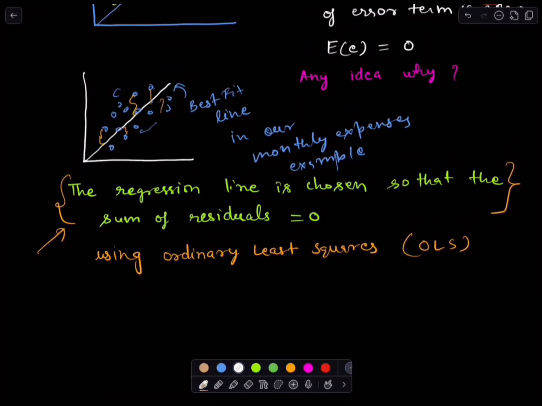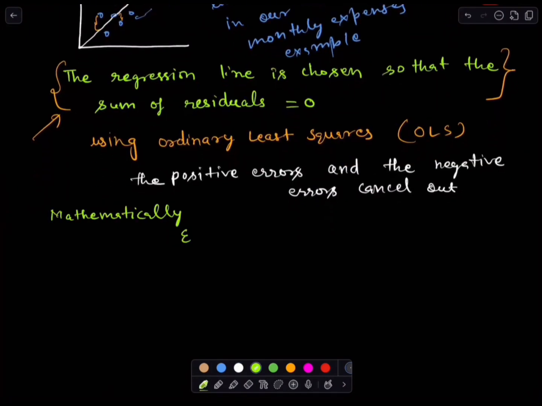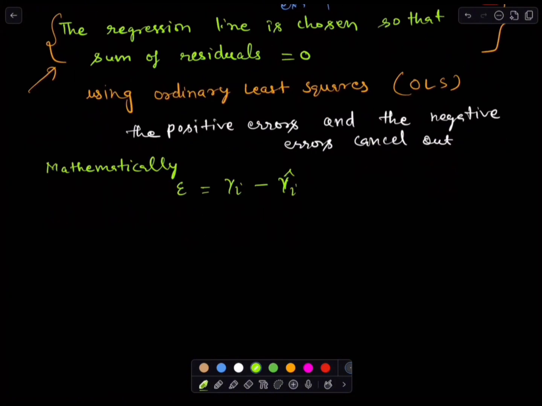We can check this concept mathematically as well. The residual is the difference between actual values and predicted values. So here yi minus yi cap is nothing but your residual.